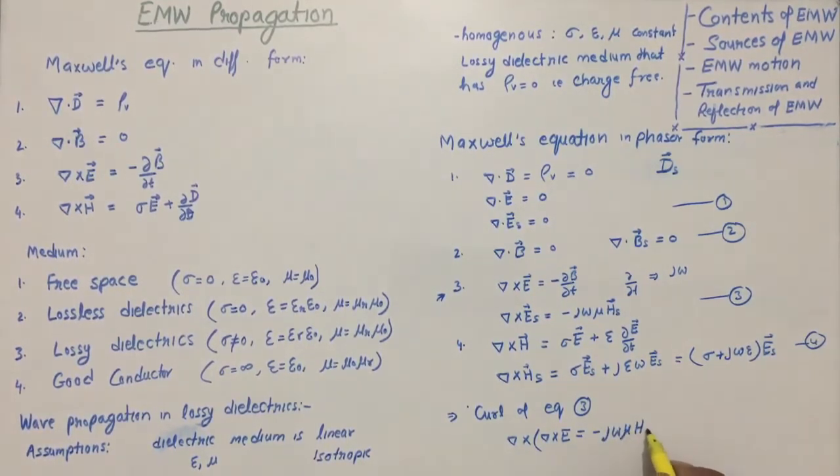Curl of equation 3. This is mu Hs. Curl means at both sides of the equality it will follow. So curl of Es is equal to minus j omega mu curl of Hs.